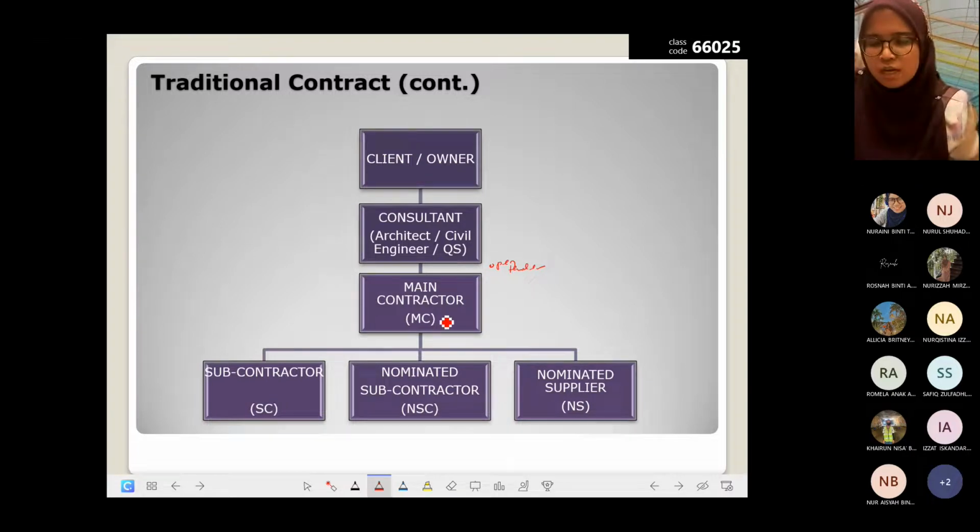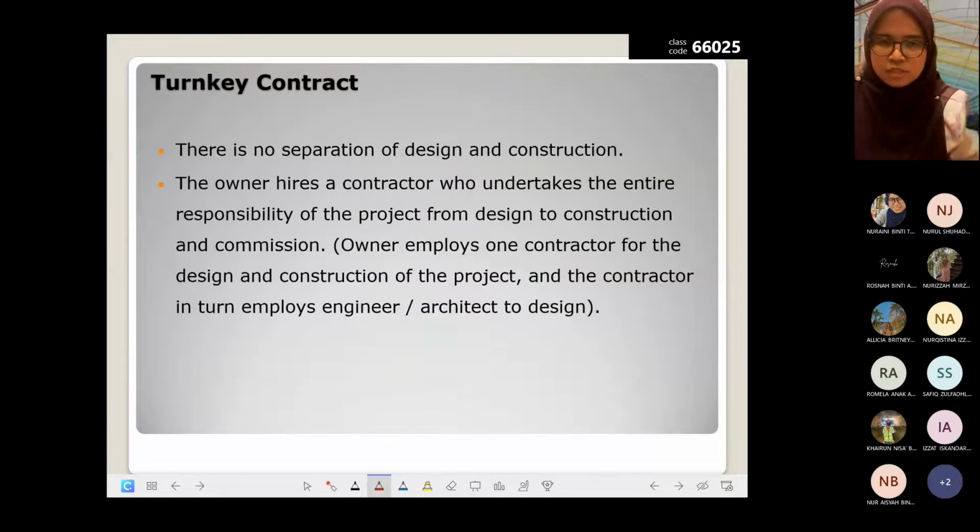Okay, then contractor akan hire dia punya subcon, nominated subcontractor and also supplier. So these three parties are under the main con. So main con kena monitor lah subcontractor, nominated and also supplier. Okay, so this is traditional.